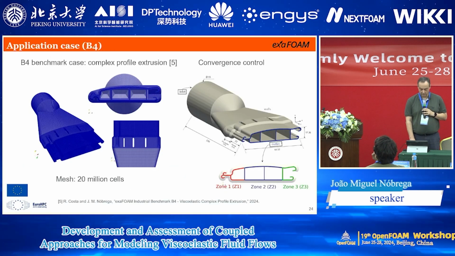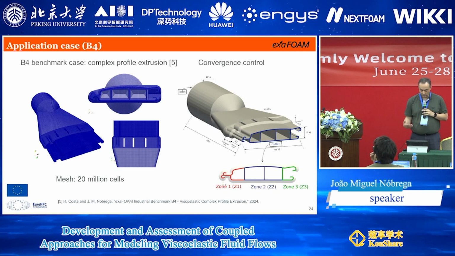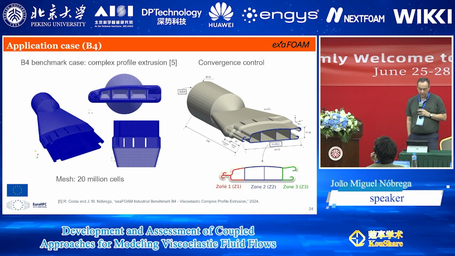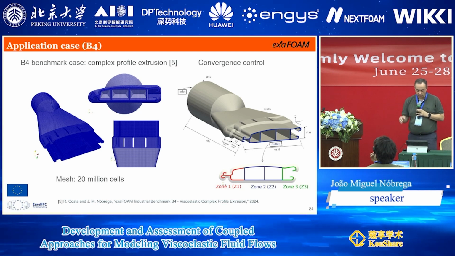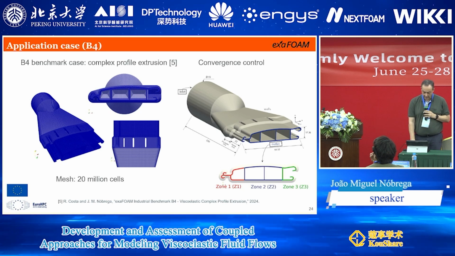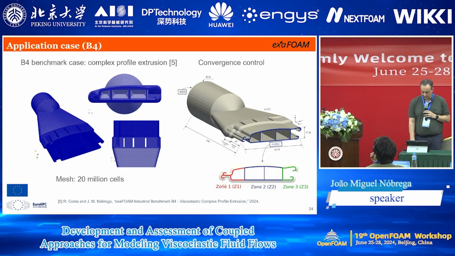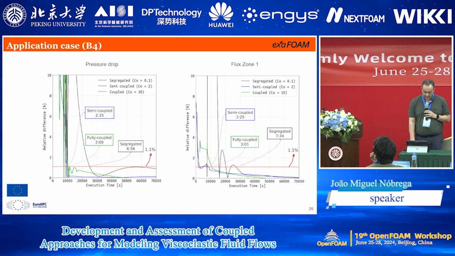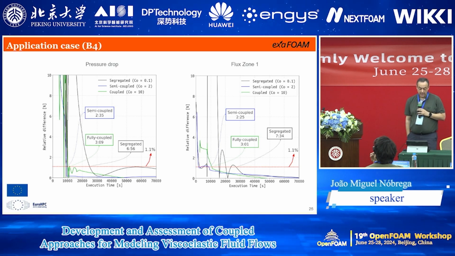For the most complex case, as the one illustrated here, again, we controlled convergence through the inlet pressure, and we divided the outlet cross-section into 3 zones as well. And we checked for convergence by the division of the flow in those regions. And you can see here the results.